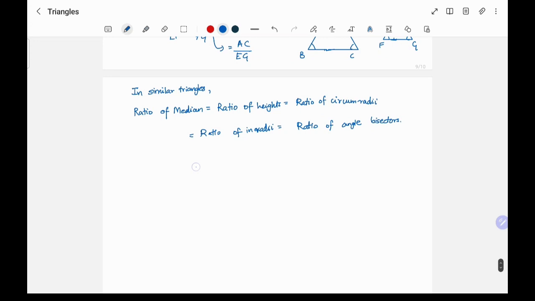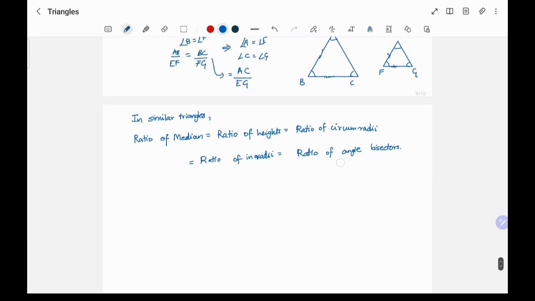It is just the same triangle, you are scaling it, everything scales proportionately. That is what it is telling.